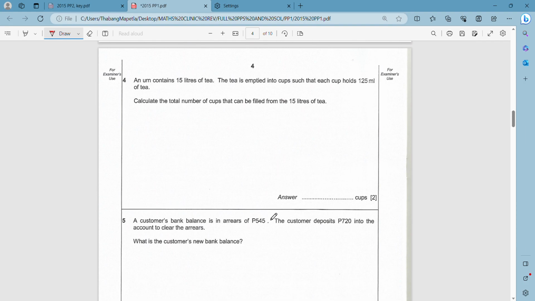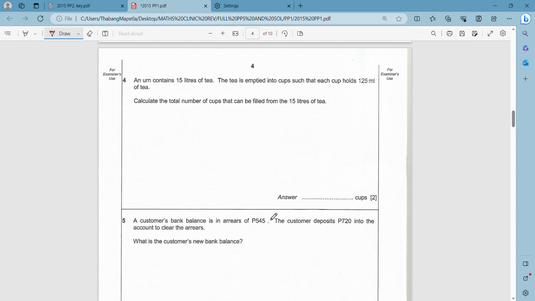It says, what is this? I don't know what an urn is. An urn contains 15 liters of tea. The tea is emptied into cups such that each cup holds 125 milliliters of tea. Calculate the total number of cups that can be filled from the 15 liters of tea.